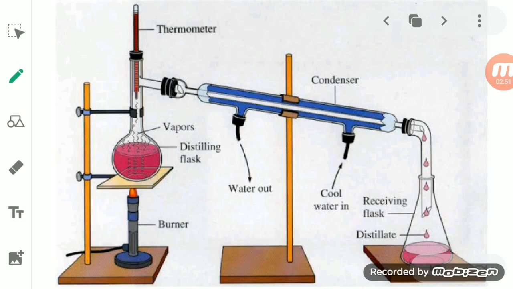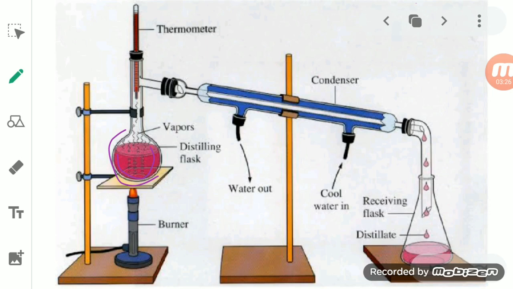So basically what happens when a homogeneous mixture of a solid and a liquid is heated in a closed distillation flask. This is the distillation flask, and it consists of both the liquid as well as the solid. As they get mixed together, it becomes a homogeneous mixture.